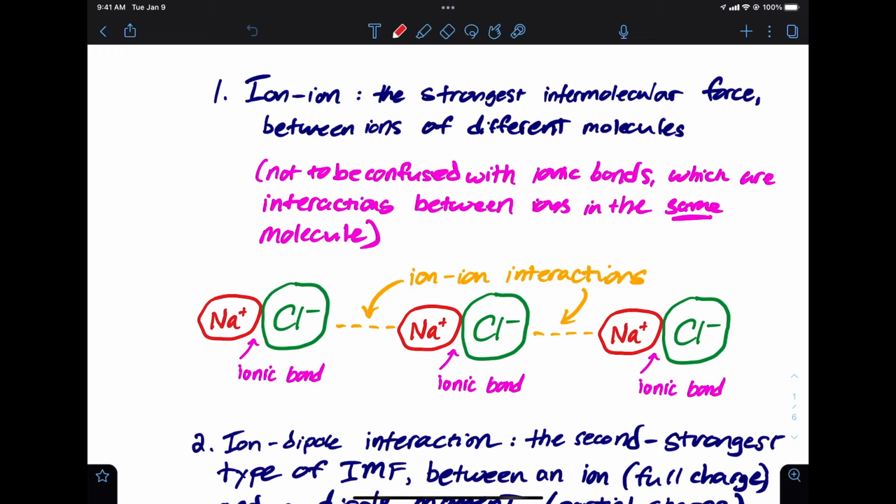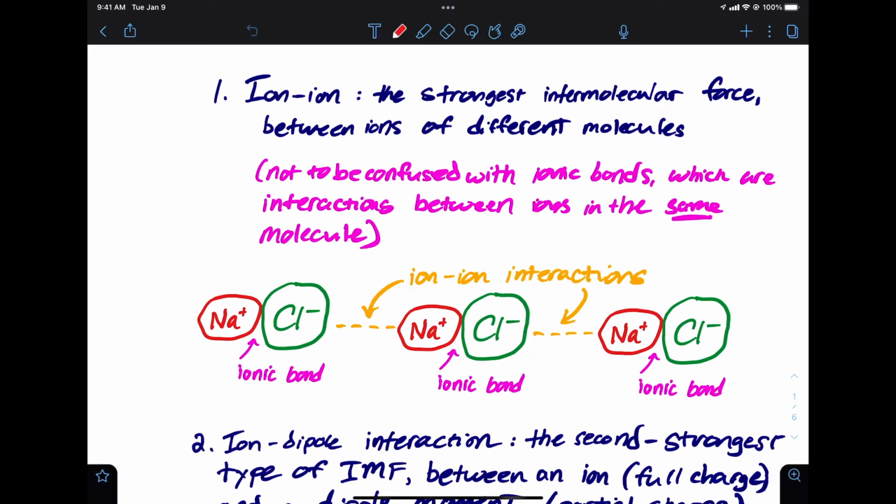But those molecules are still attracted to each other. Even though the chloride in the first molecule is bonded to the sodium, it can also interact with the sodium in the second molecule. That wouldn't be considered an ionic bond, because a chloride with a minus charge would make only one ionic bond with a plus charge, but it still feels the neighboring positive charge. So this is an intermolecular force.